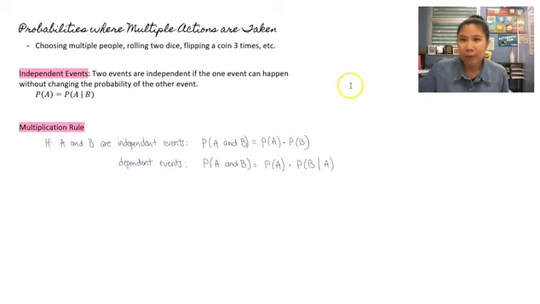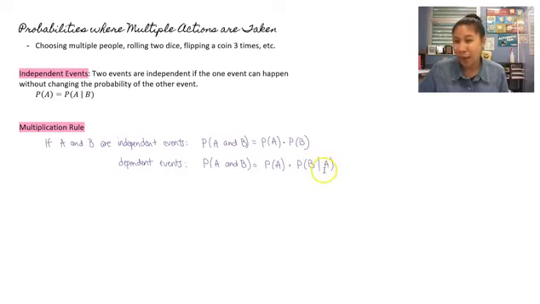This is important because the next rule for finding probabilities depends on whether the events are independent or dependent. If they are independent events, meaning the two events don't affect each other, to find the probability of A and B happening, it's just multiplying the probability of A with the probability of B. If they are dependent events, the probability of A and B happening would be the probability of A times the probability of B given A already happened.